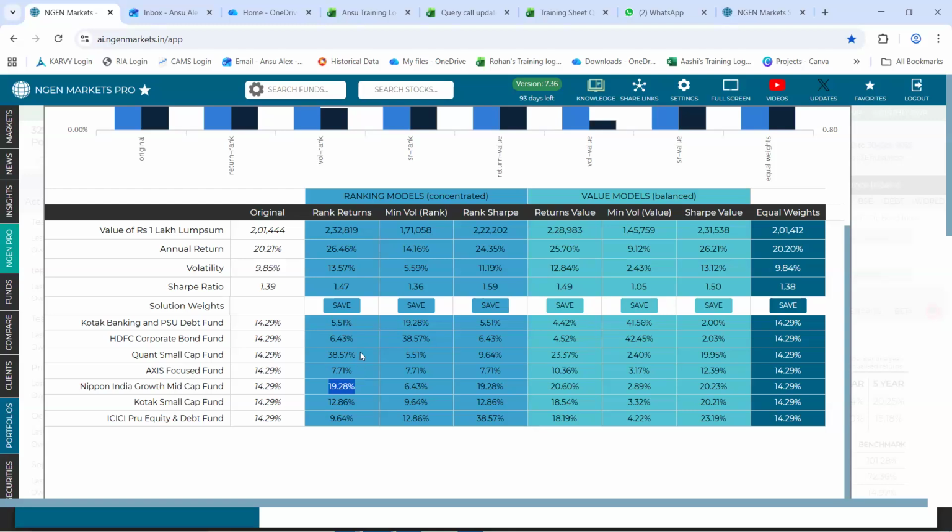Now, why specifically did these two funds get the greater allocation? The reason is, right now we are focused on returns, or rather rank returns as a model whose objective is to maximize your return.